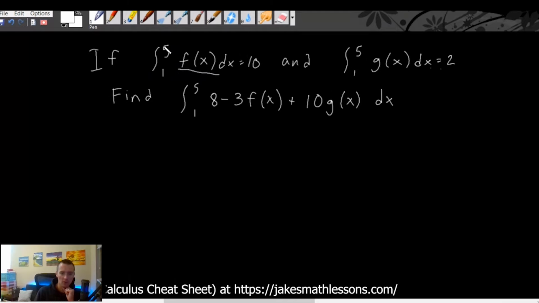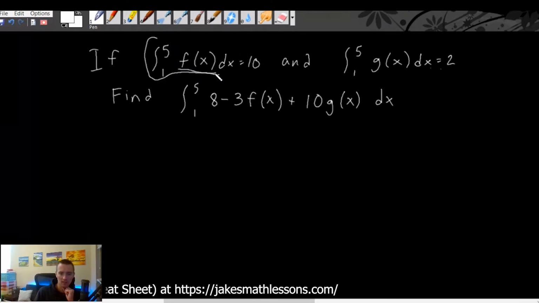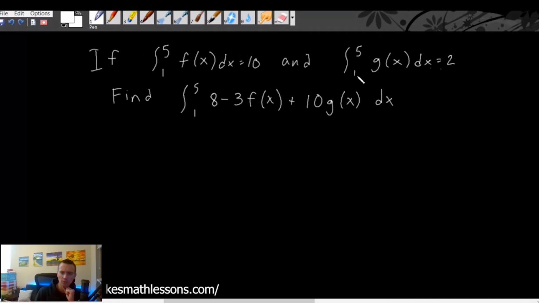If we can get this somewhere in our equation, we know that this is all equal to 10. And similarly, if we can manipulate this integral to get just the integral from 1 to 5 of g of x dx, we know that we can replace that whole thing with 2.